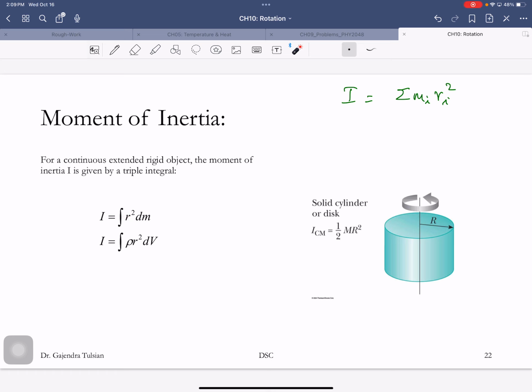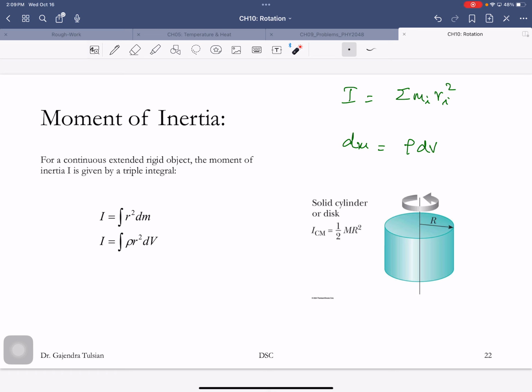And if the object has uniform density, dm, the mass of a little volume, is given by the density times the little volume. And that's what this formula is. So the moment of inertia is rho r squared dV, and this is a triple integral.